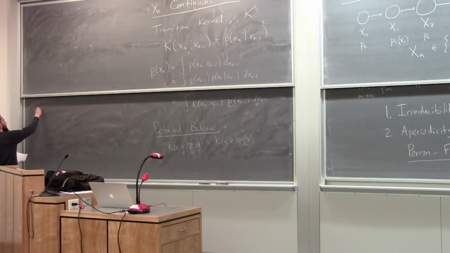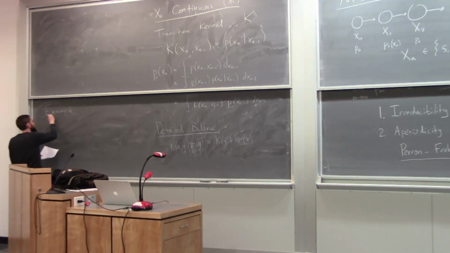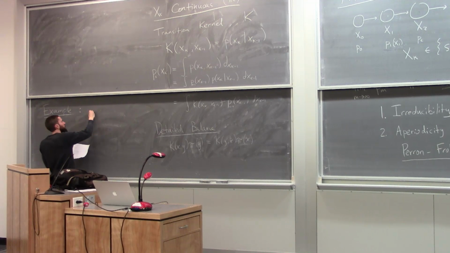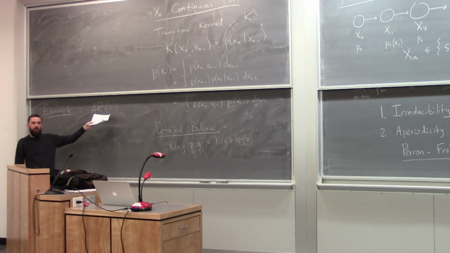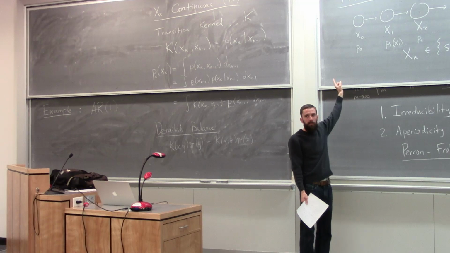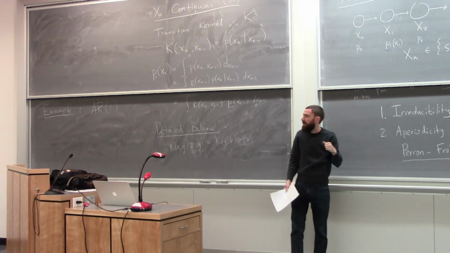So there is the very simplest, at least that I can think of, non-trivial example of a Markov chain, which is autoregressive, and we'll just use the notation AR for autoregressive, and then this is the order, so the order of the autoregressive is order 1, which just means in this case that autoregressive 1, we're going to see, makes this a Markov chain that only needs to look one step back to get the conditional distribution.